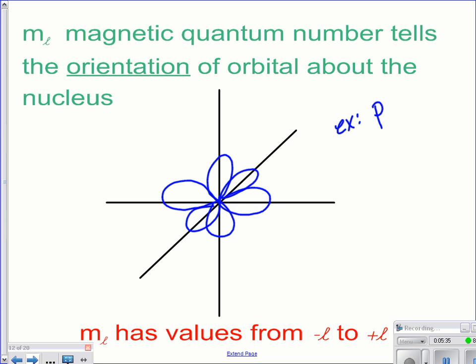And what we see is that those values can be anywhere from negative L to positive L. Again, this quantum number, m sub L, is dependent upon my previous quantum number of L. So it's anywhere from negative L to positive L.